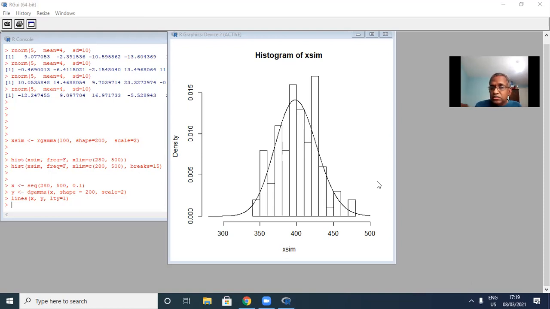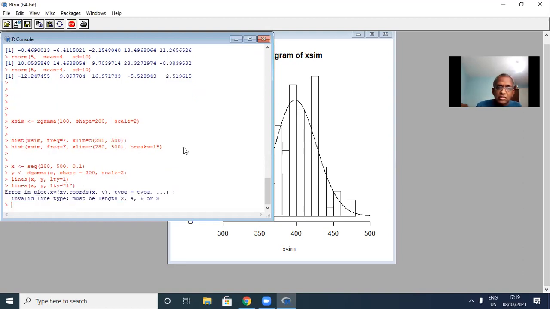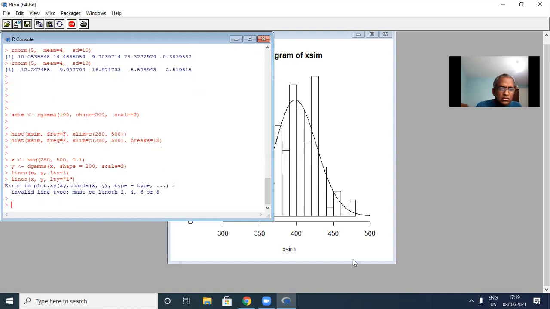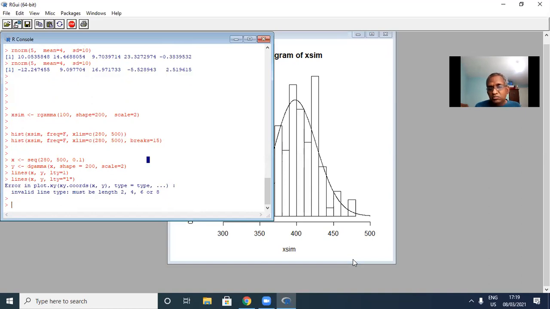LTY equal to 1. LTY is not L, sorry, what did I say? LTY is line type, that's different from type. Let me write it down. LTY means line type, right?